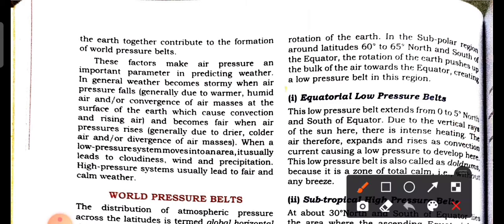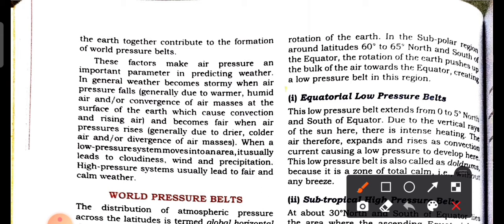As we know, if the air pressure falls, in that region the air gets heated and moves upward, which creates a vacuum in this area, and the air from the high pressure area comes at high speed towards the low pressure area.